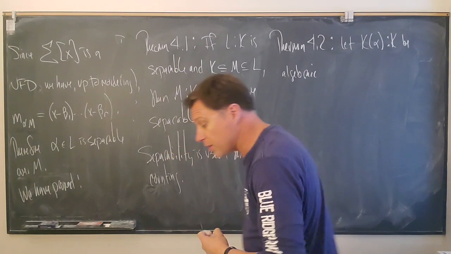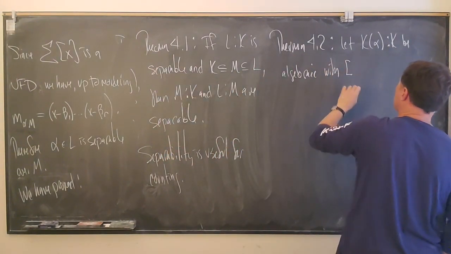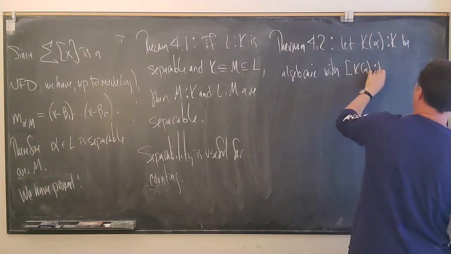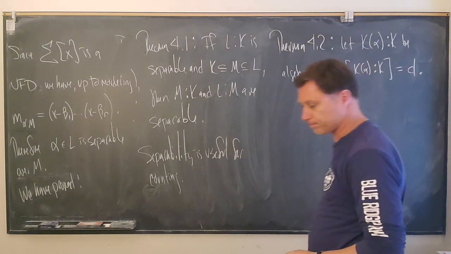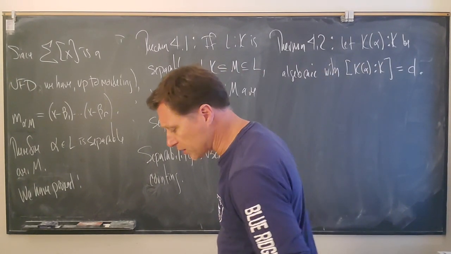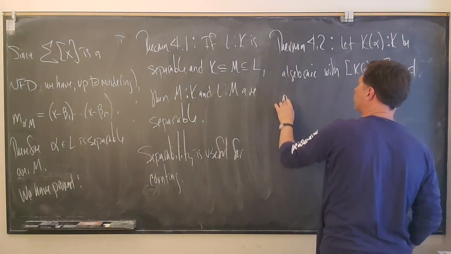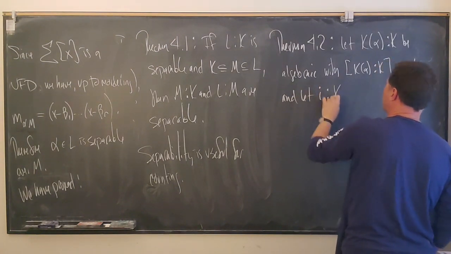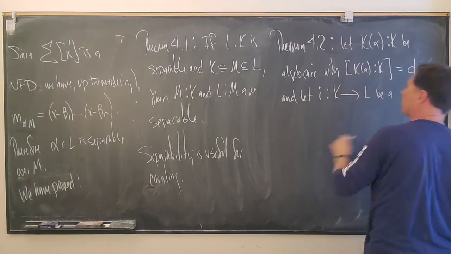And with the degree of K adjoin alpha, so now we know it's finite, it's going to equal some number D. Oh, and I also need a monomorphism. Let I from K into L be a monomorphism.